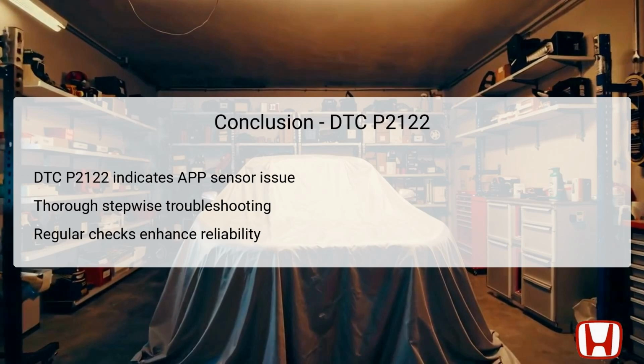The process emphasizes the importance of employing proper diagnostic tools, such as the HDS, ensuring precise readings and operational assessments of all components involved. Furthermore, implementing preventive maintenance practices can promote long-term reliability and avert future problems within this critical system. Engaging in these best practices ensures high performance and safety for drivers and passengers alike.